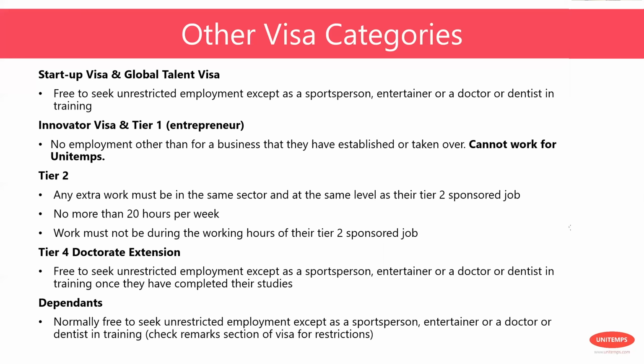Always check the visa remarks section though, because the rules can vary depending on exactly what visa their partner is working under, and even details about their particular situation. So just keep an eye out for that. Dependent visas often get abbreviated down to things like DEP.